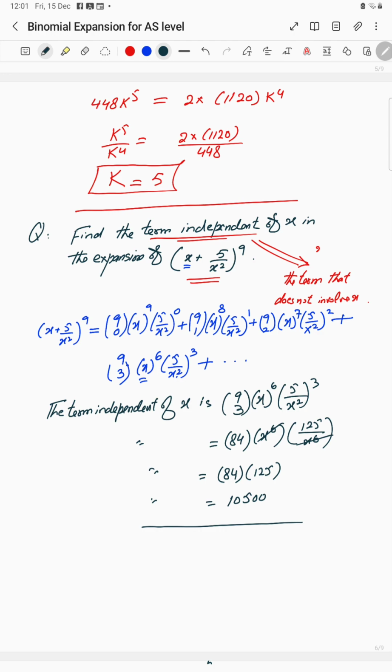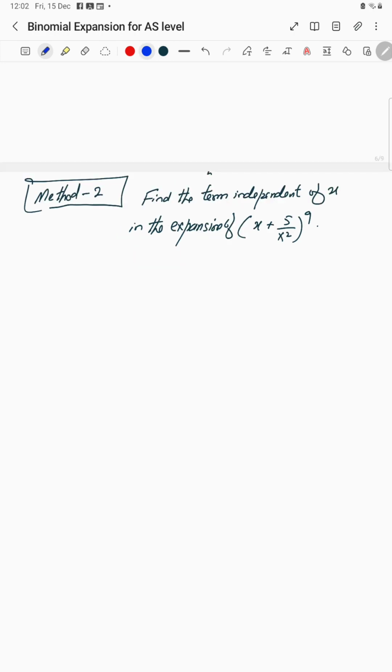But before we go for another question, there is another method which we can also use to find the indicated term. Let's see what that method is. In the second method, guys, we can use the term independent of x as it has been given as the indicated term.